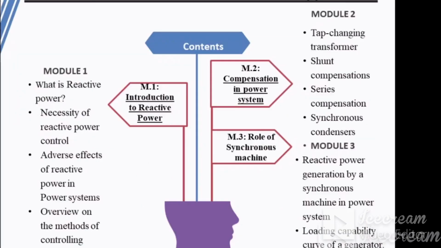So we have majorly divided our unit number 2, that is reactive power management, into 3 modules. Up till now we have covered module number 1, that is basics of reactive power, necessity and pros and cons of the reactive power in a power system network. We have also seen an overview of the methods of controlling the reactive power.